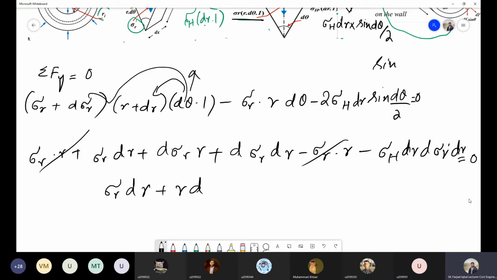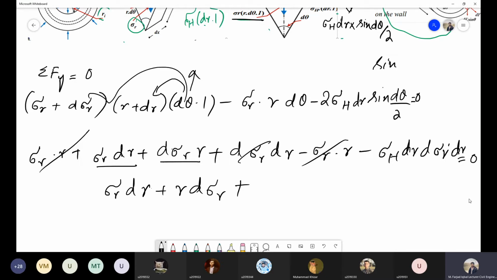So we have over here sigma r dr, then this term d sigma r into r, which I can represent as r d sigma r, and the third term we can ignore because again it is a product of two differential terms. So we are left with this final term.